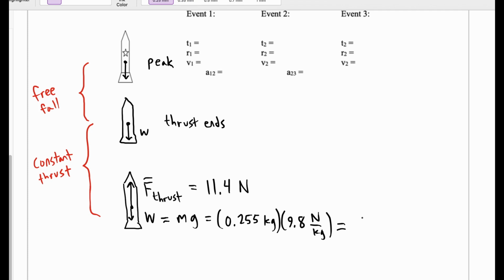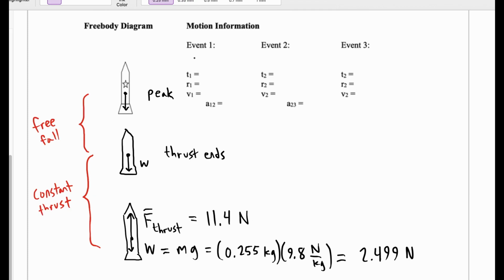I get 2.499 newtons. I suppose event 1 could be start of the clock. Event 2 is thrust stops. Event 3 is we've now reached the peak.